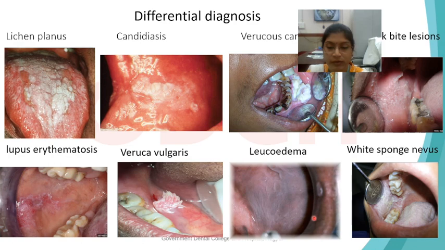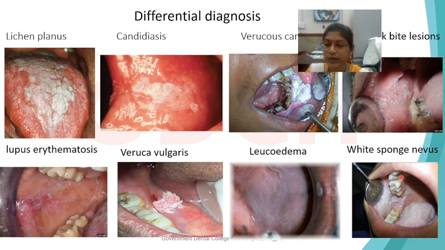One way by which we can differentiate it from leukoplakia is, first of all, the history of heavy smoking. Secondly, if you stretch the cheek, this lesion will disappear, which is not a feature of leukoplakia, which persists even after stretching of the buccal mucosa. So that way it can be differentiated from leukoedema.